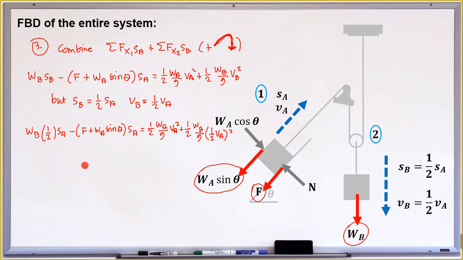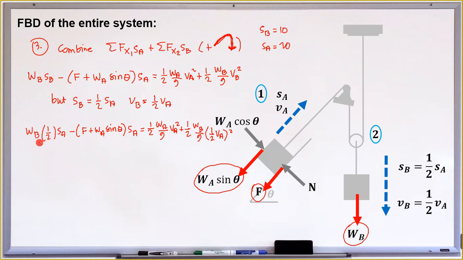Now, the given in the problem is not the displacement of block A, but the displacement of block B. The problem statement is confusing: determine the velocity of block A after it has moved 20 feet. What the book gave is the displacement of B. So our SB is equal to 10, and therefore our SA is equal to 20.